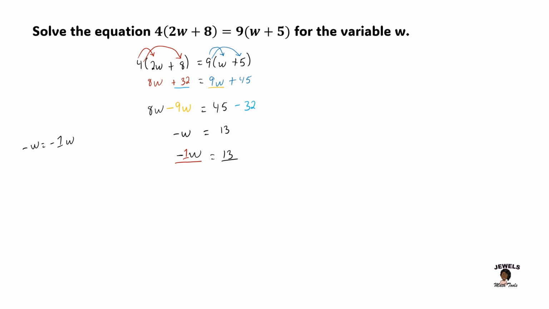So I'm going to be dividing both sides of my equation by negative 1, so that I can cancel off that negative sign that's on my w, because I want my w to be positive. So negative 1 divides into negative 1. That will leave us with 1, which is how we got the w. And when negative 1 divides into 13, this will leave us with negative 13. So for this equation, our w is equal to negative 13.